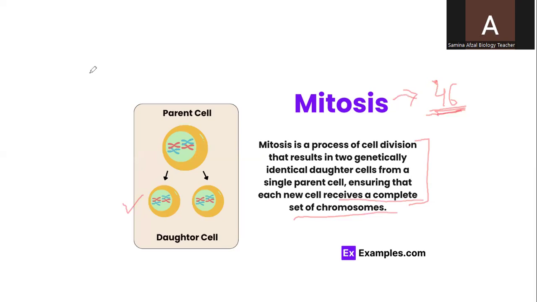So during mitosis, one cell is divided into two daughter cells, and the two daughter cells will have the same number of chromosomes as the parents have. So mitosis takes place in the somatic cells, and the chromosome number is maintained throughout the cell division.